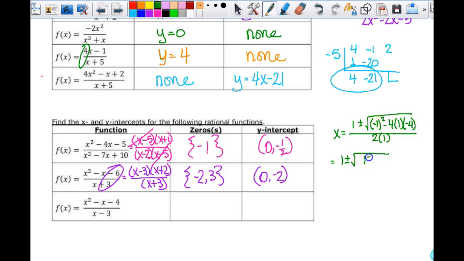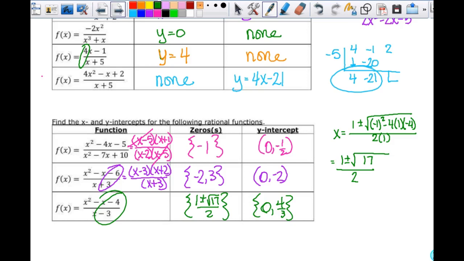So 1 plus 16 is 17 over 2. And I can't simplify that at all. 17 is a prime number, and so that is it. So my zeros are 1 plus or minus the square root of 17 over 2. My y-intercept would just be 0, 4/3.